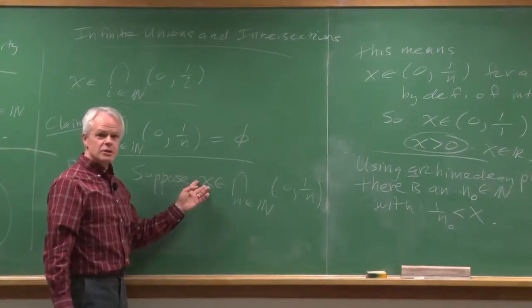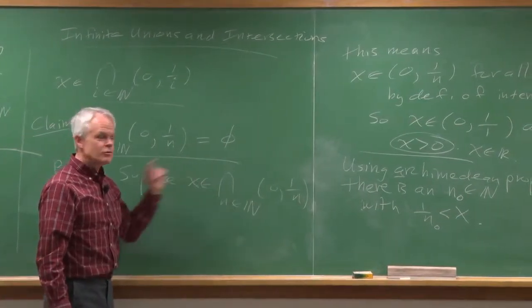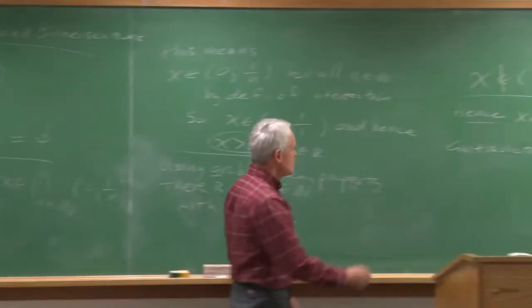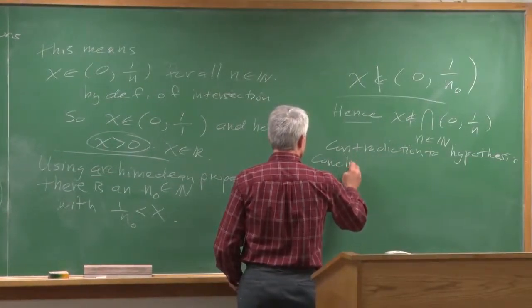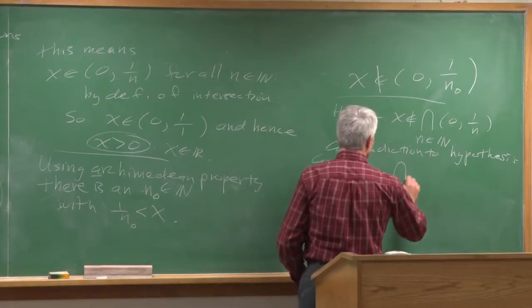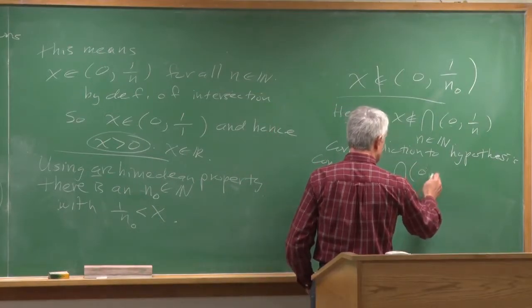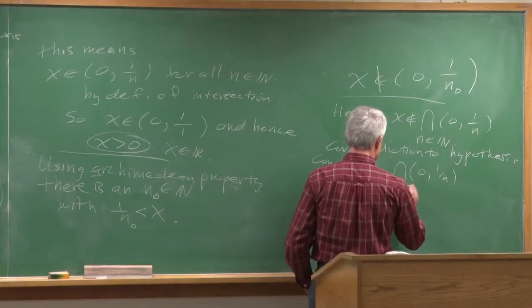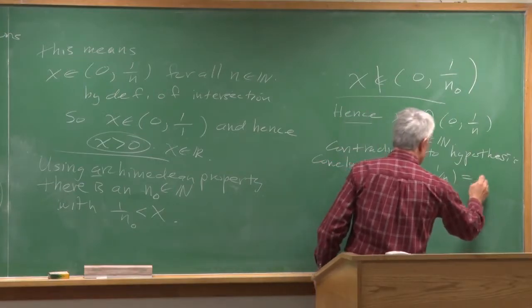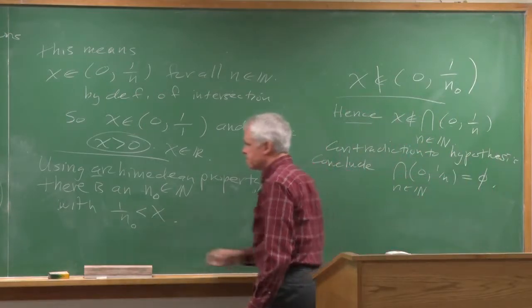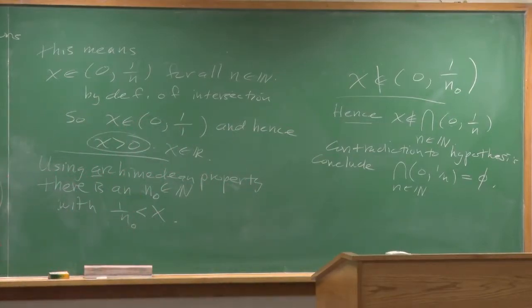There can't be an x in here at all, right? There's no x in there. The intersection has nothing in it. Good. So that's my proof of my claim.